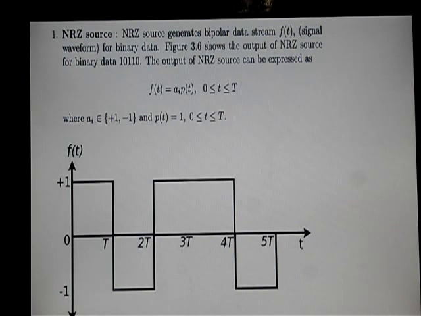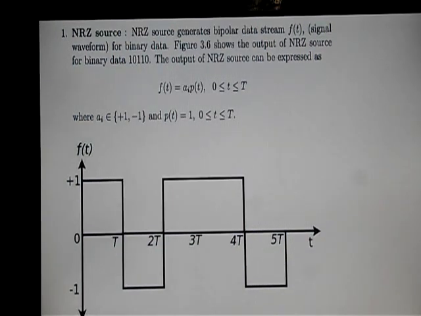So you can see figure 3.6, which shows the output of the NRZ source for binary data 1 0 1 1 0. The output of the NRZ source can be expressed as f of t equals the sum of small a with subscript i and p of t, for t from 0 to T. F of t can be seen in this figure, which is the signal waveform for the binary data 1 0 1 1 0.